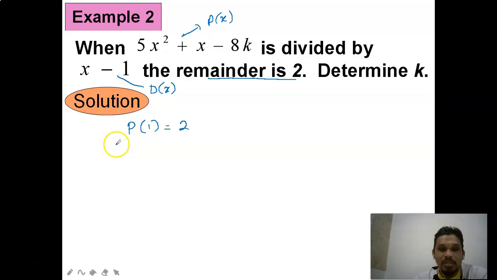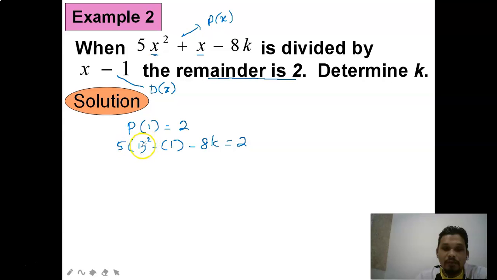Substitute x equals 1: 5 times 1 squared plus 1 minus 8k equals 2.